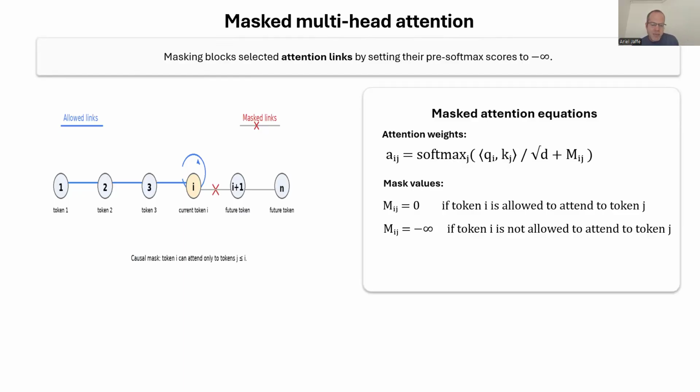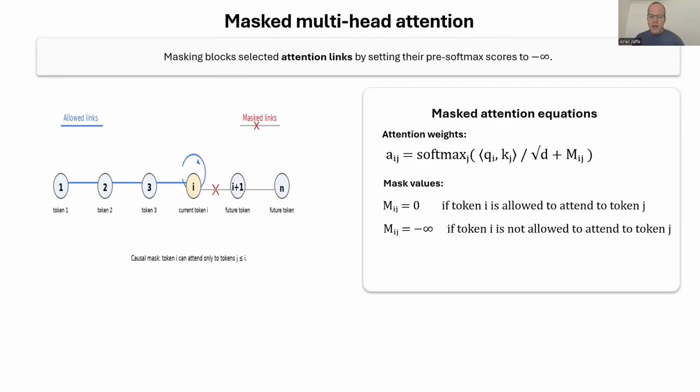That basically means that in the attention mechanism, I change the correspondence or the weight matrix originally defined by a softmax function. I alter it to make sure that future words do not impact the new representation of current words.